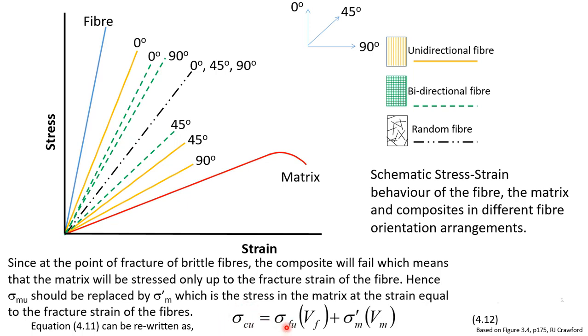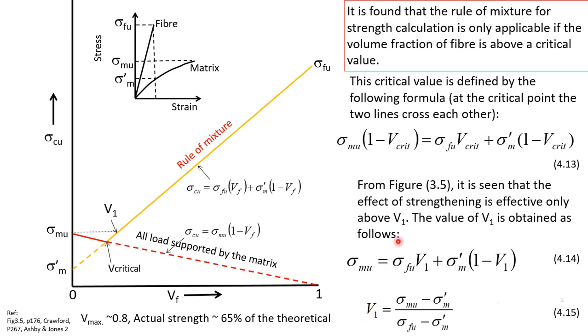Sigma cu, which is the strength of the composite, equals sigma fu, ultimate tensile strength of the fiber, multiplied by Vf, the volume fraction of the fiber, plus sigma m dash, which is the stress at the strain when the fiber fractures, multiplied by Vm, which is the volume fraction of the matrix. So this equation gives a lower value of the strength of the composite, but this is more realistic because we are using the correct value of the stress here rather than using the ultimate tensile strength of the matrix.